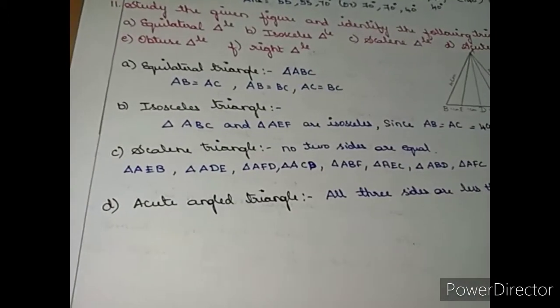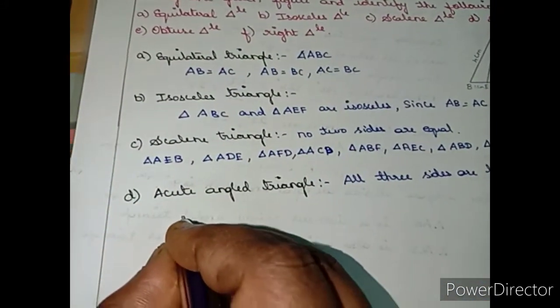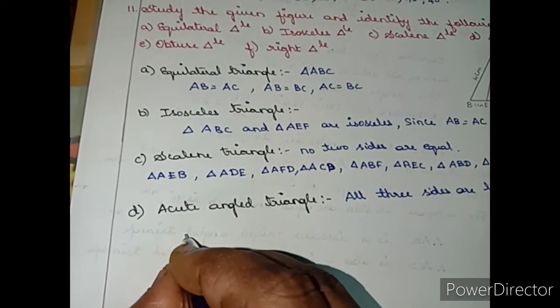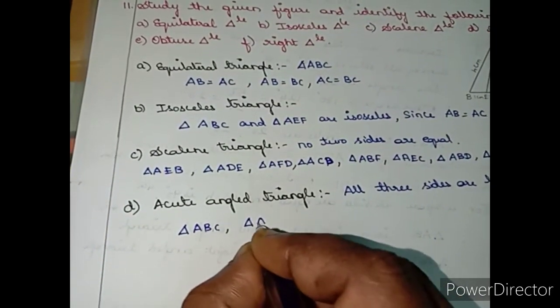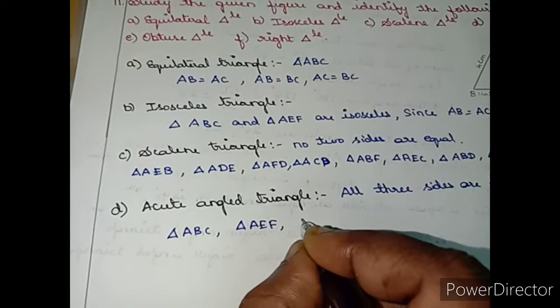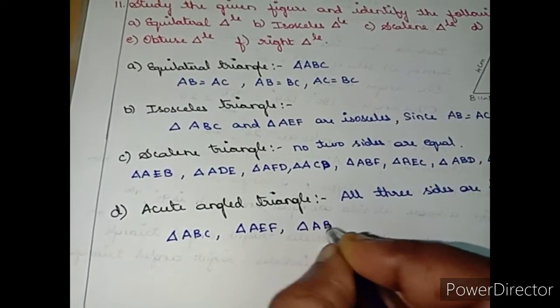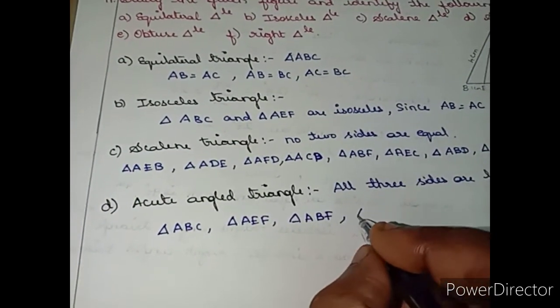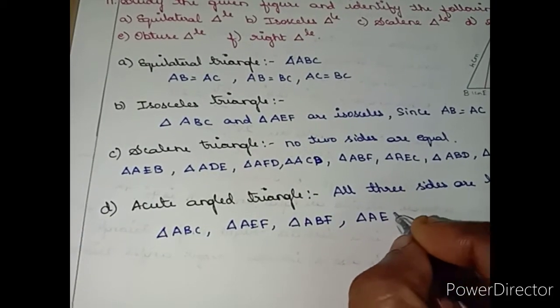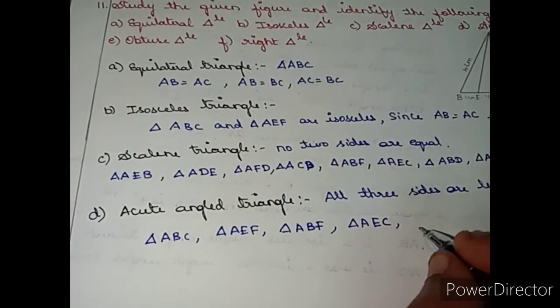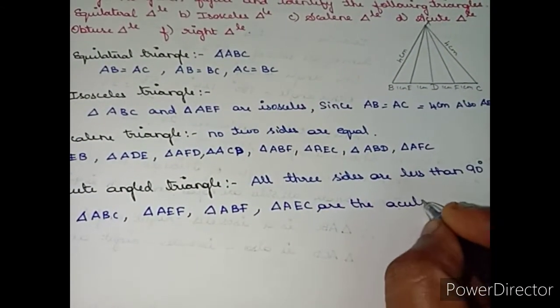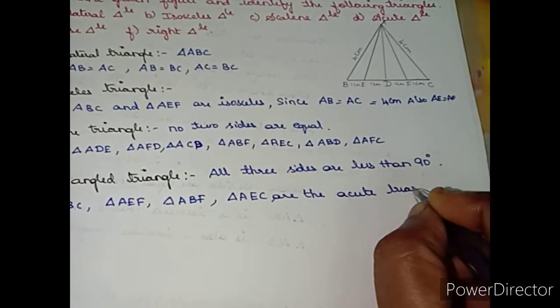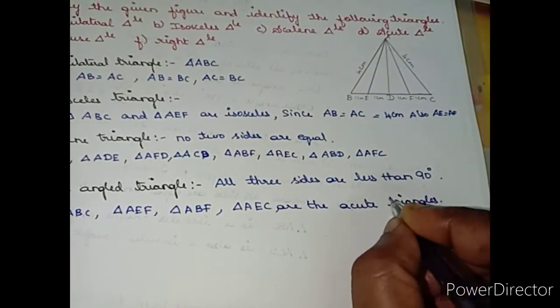Okay, so what are the triangles? Triangle ABC, triangle AEF, then triangle ABF, triangle AEC. So these are the acute triangles.